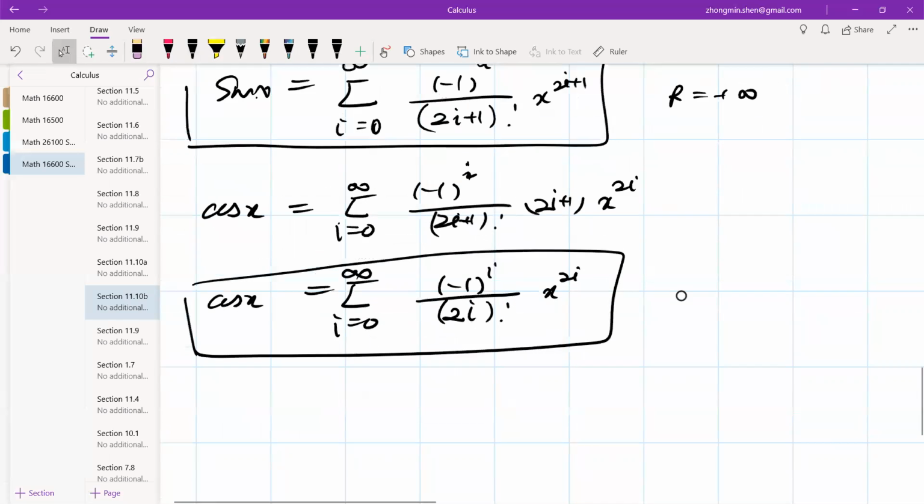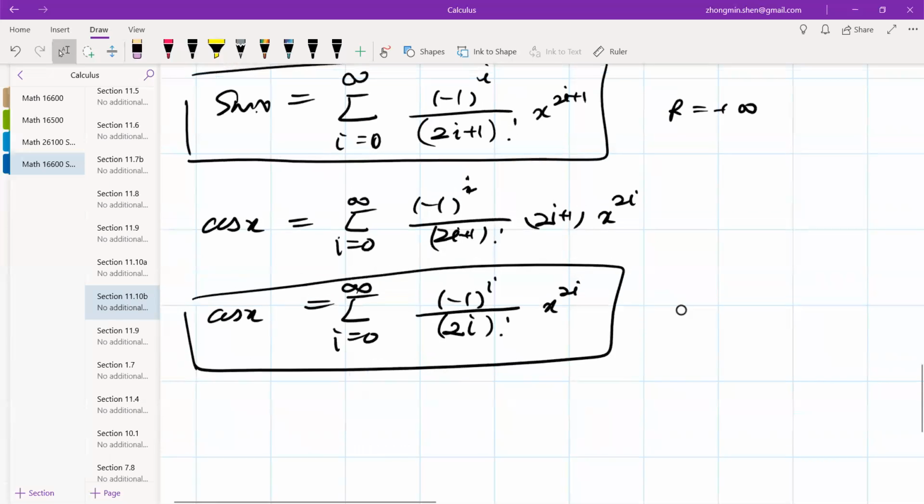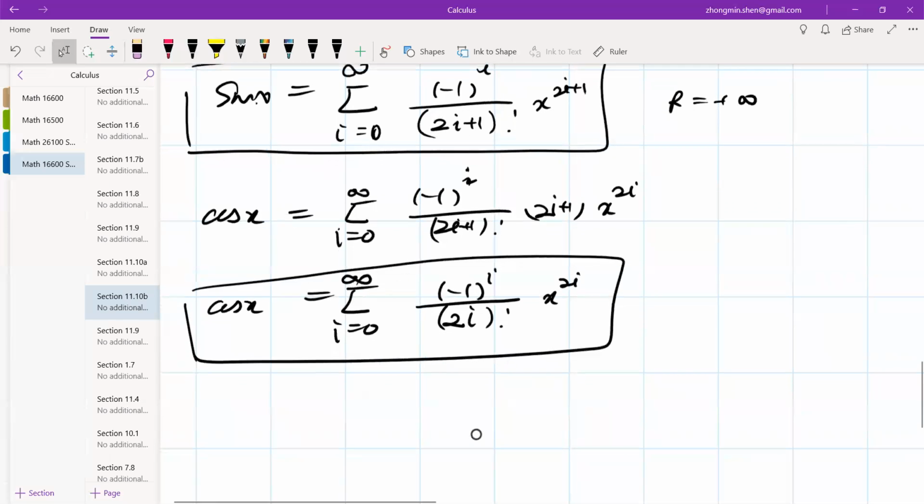Let's look at the first few terms. For sine x, when i equals 0, I get x, minus, when i equals 1, x cubed over 3 factorial.